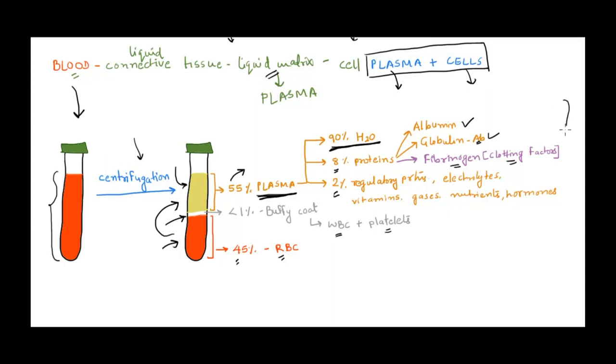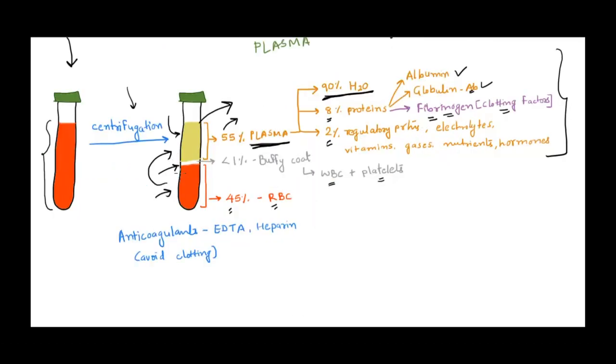So this is what is there in the plasma when we centrifuge the blood. One very important thing is that when we collect this blood and subject it to separation, the blood is mixed with anticoagulants. That means it is not allowed to clot. We avoid clotting to get the plasma.